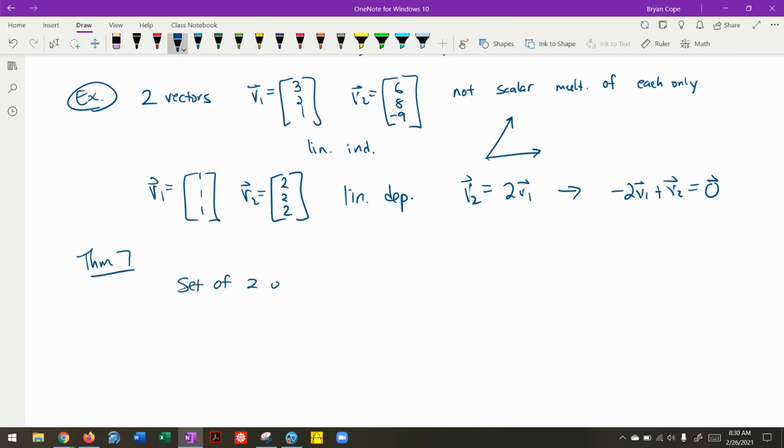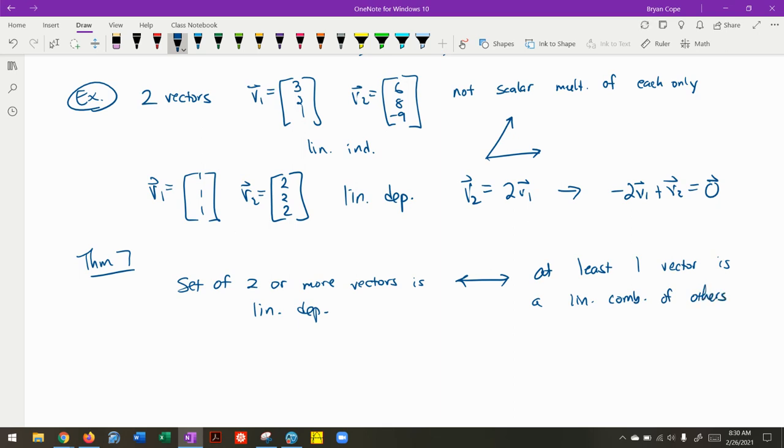A set of two or more vectors is linearly dependent if and only if at least one vector is a linear combination of the others. Notice what this theorem does not say.